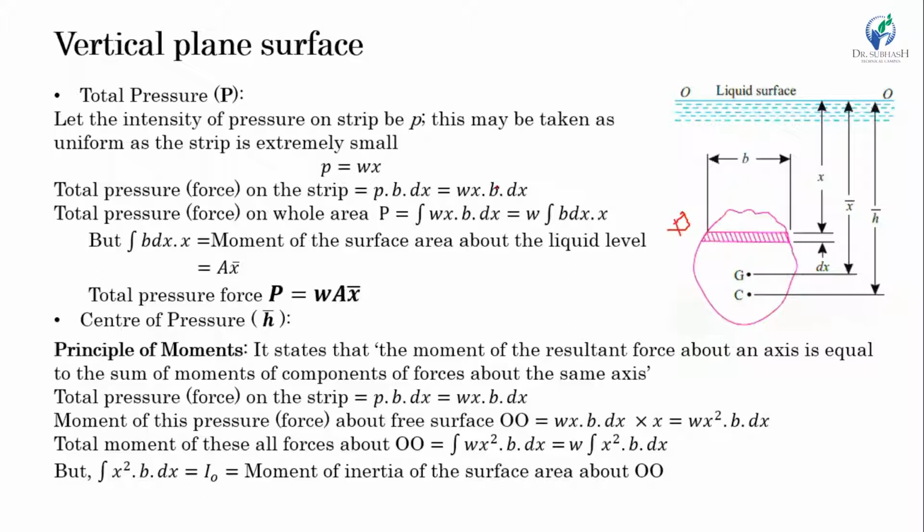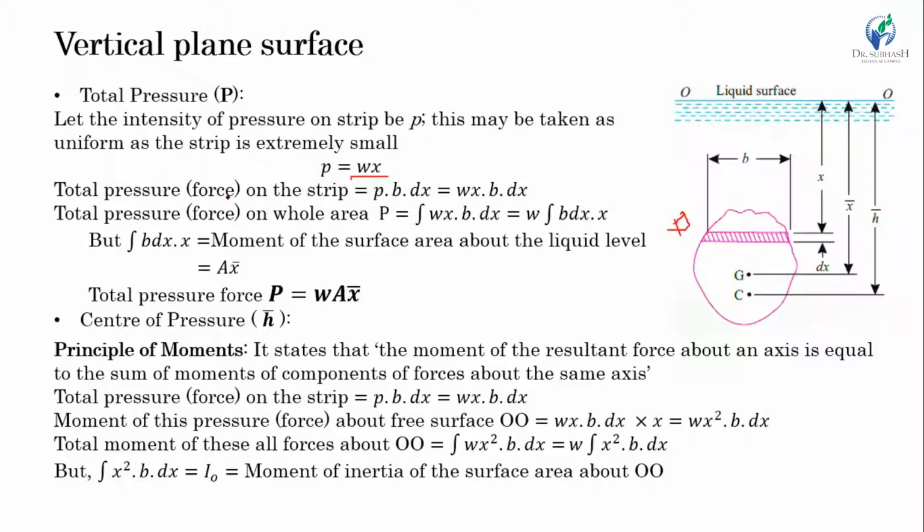The intensity of pressure p on the strip is equal to w times x, which is nothing but the hydrostatic law, rho g h, where x is the depth of this strip from the free surface of liquid.